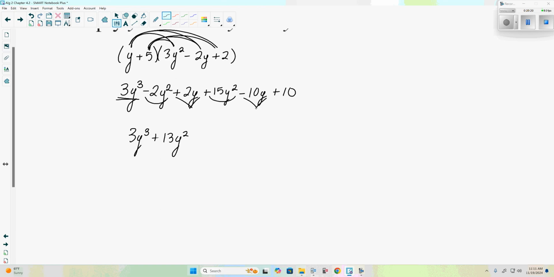Then we have our y terms: negative 2y minus 10y is going to be negative 8y. And lastly, our constant term of plus 10 doesn't have any like terms, telling us that the product of these two expressions is 3y cubed plus 13y squared minus 8y plus 10.